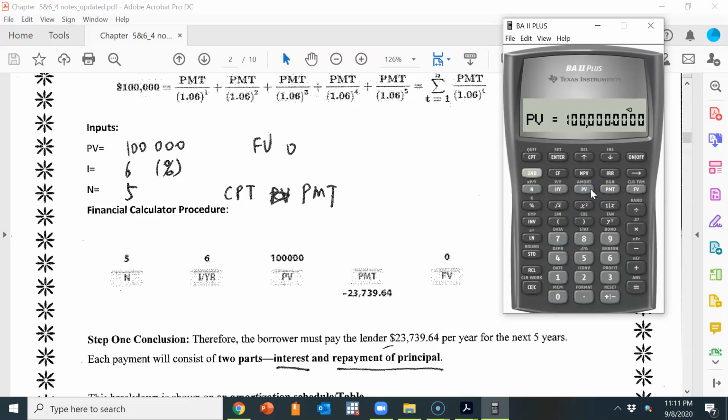PV. Okay, payment is what we will be looking for, and we need to set future value as 0, meaning we will pay off the loan after 5 years. And let's compute for payment. Okay, we got negative 23,739.64. This is what you're going to be paying each year.